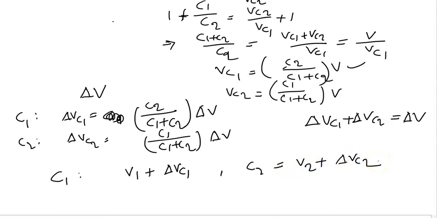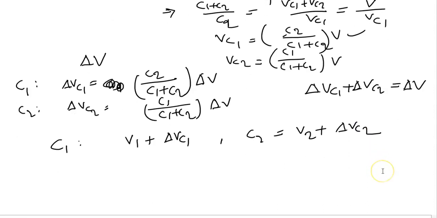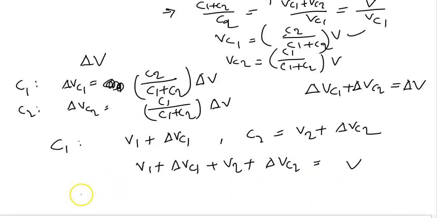But these overall values will be equal to the applied voltage. That means V1 plus del Vc1 plus V2 plus del Vc2 is equal to the applied voltage. So put in these values, del Vc1 and del Vc2.